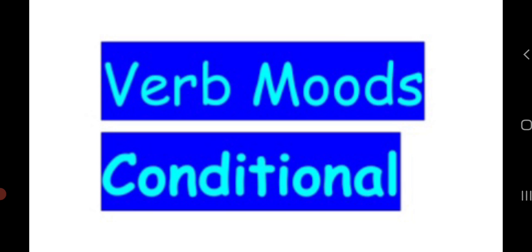Here are some examples, subjunctive or conditional. Number 1, if I were rich, I would have a lake house. Number 2, I wish that you would stop talking.